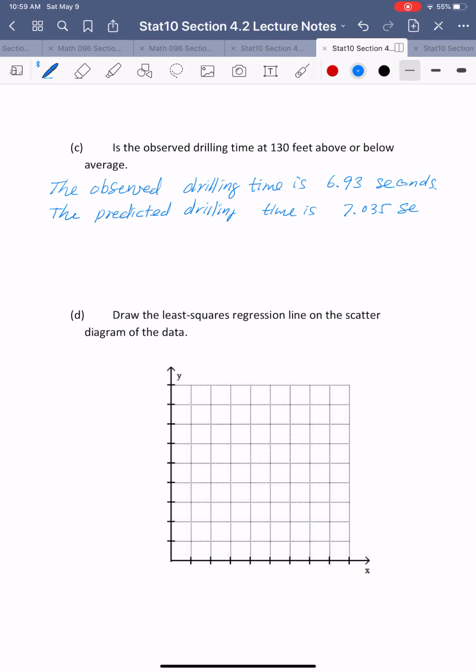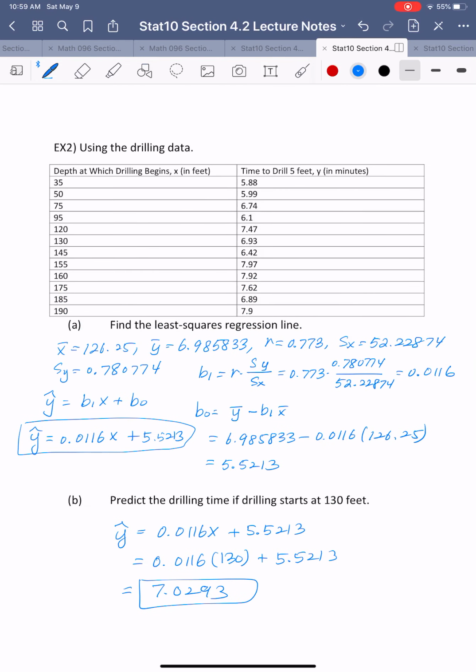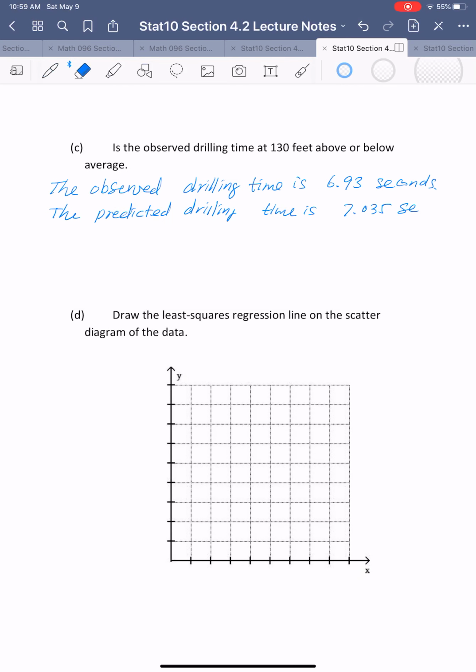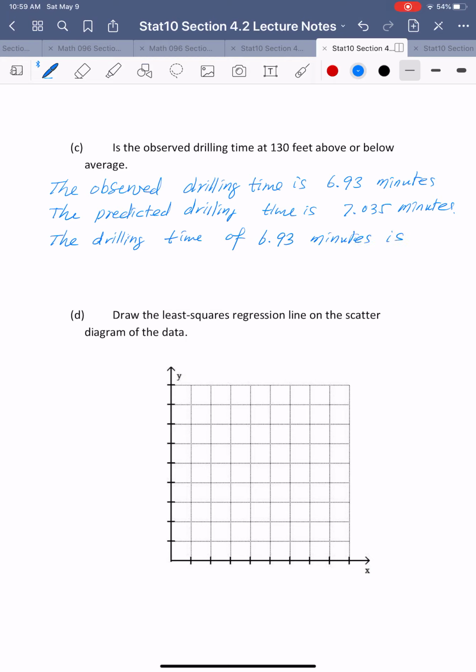Is it minutes or seconds? Hold on a second. It's minutes. What did I say? Seconds here. Sorry about that. It's minutes. So the drilling time of 6.93 minutes is below the average.